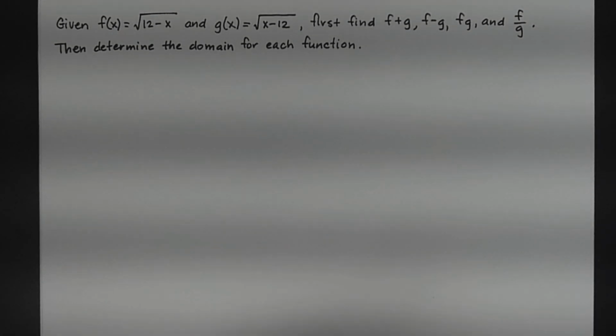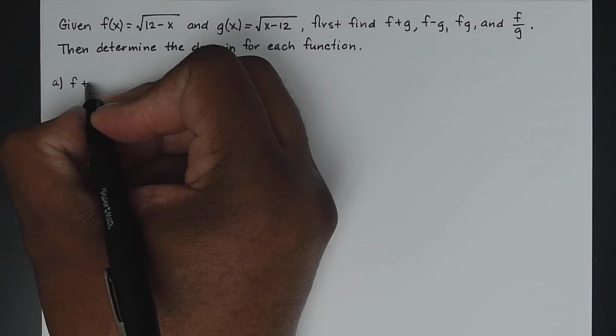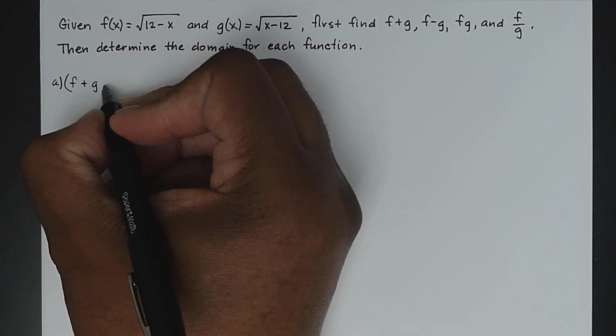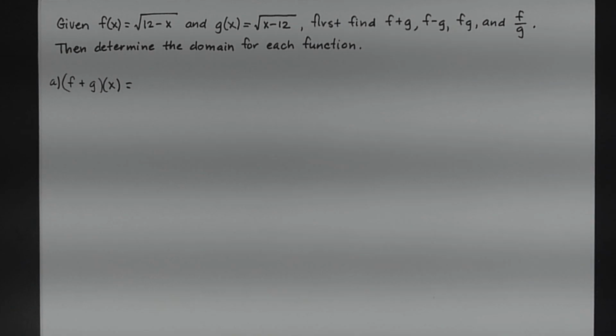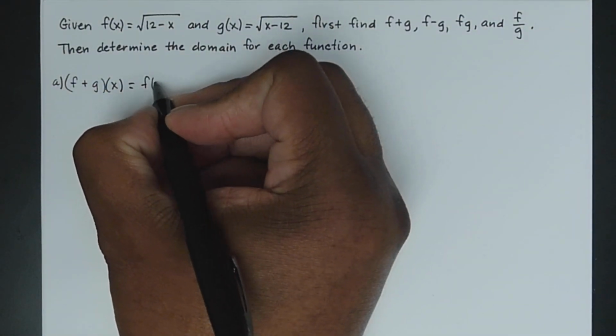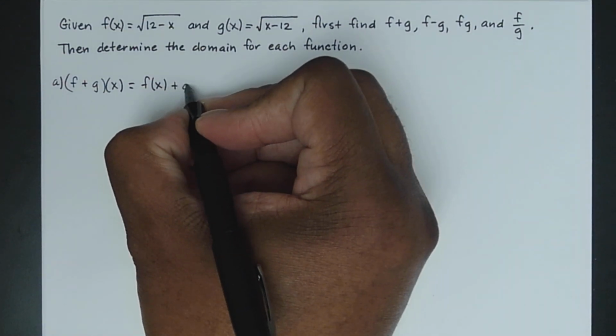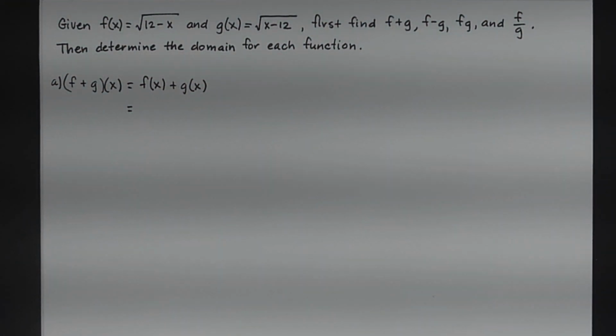So I'm going to start off with finding f plus g. Now I'll write this as f of x plus g of x, which means we're combining the two functions together.